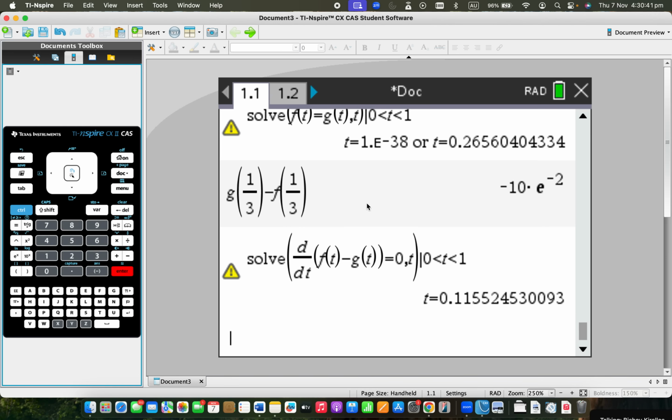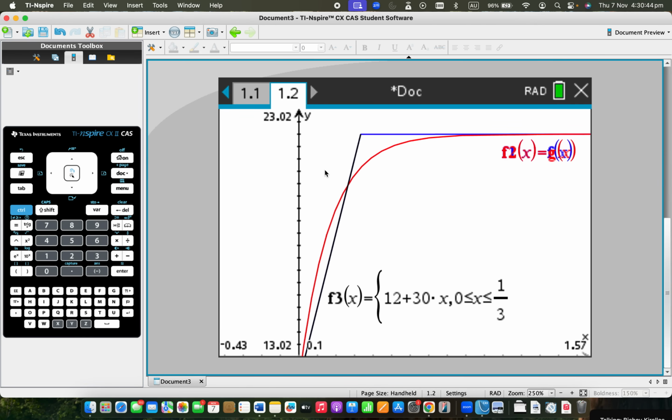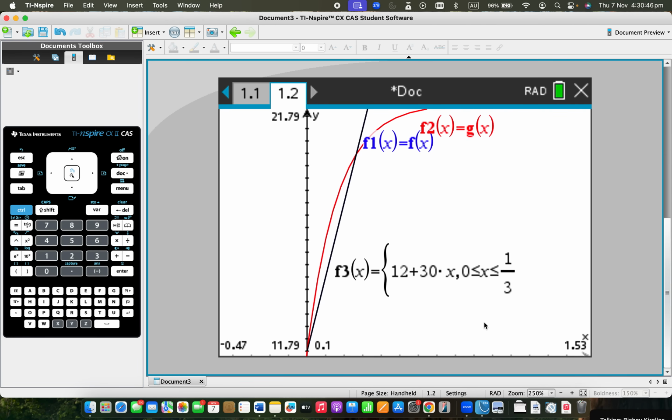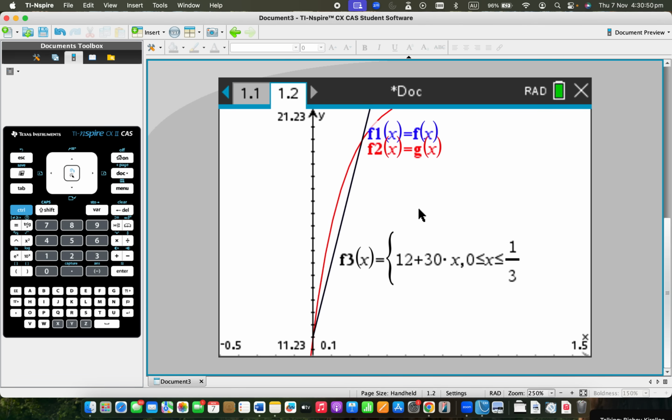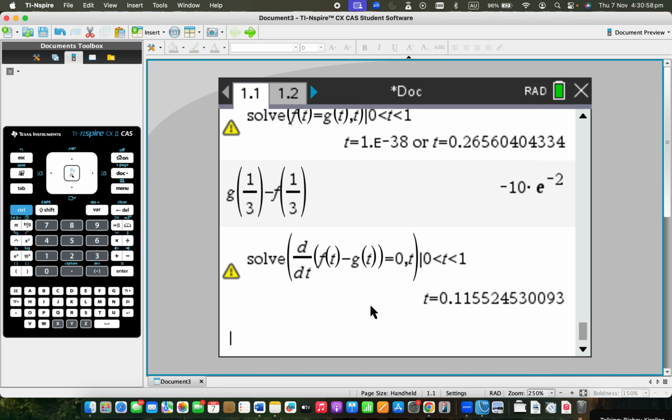And that's the value. So is 0.11 really the value? Oh, well, 1/3 is 0.3. So 0.1 is about here. It's probably, whatever, that's the answer. Let me just check the value.